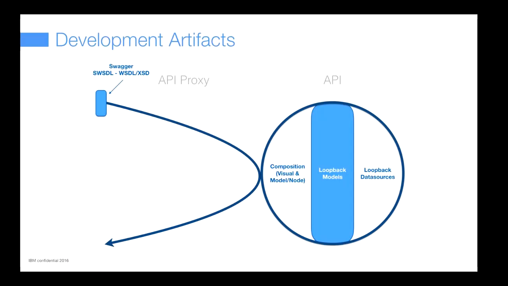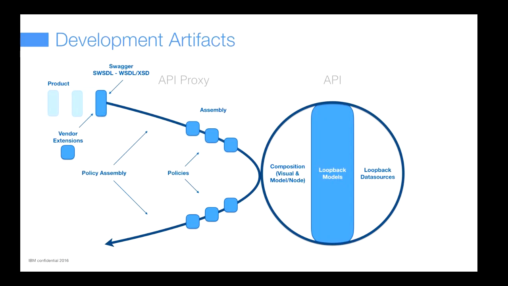In API Connect, this API proxy can be either the API gateway, the micro gateway, or the edge gateway, the DataPower gateway. But they follow the same basic process as they're handling an HTTP request. So let me build up this full diagram.